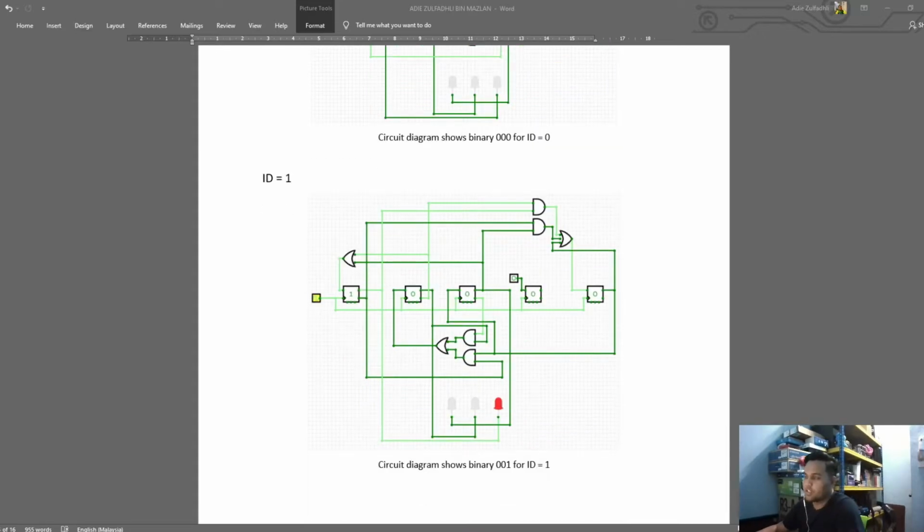Okay, this is ID1. For ID1, from the circuit you can see number 1 is on the left side. It is because actually this is T1.